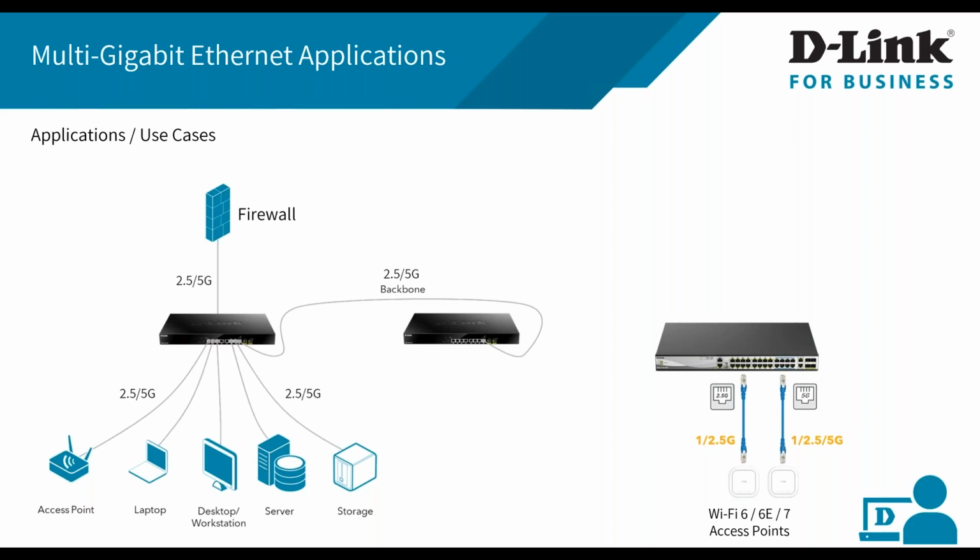Nowadays, even firewalls and gateway devices are coming with 2.5 Gbps ports. Apart from devices, 2.5 Gbps and 5 Gbps can also be used for switch-to-switch backbone connectivity, as many customers use Cat5e or Cat6 cable for backbone connectivity even today. The number of devices and applications supporting multi-gigabit is going to increase in future.